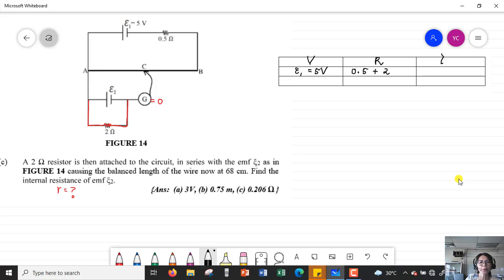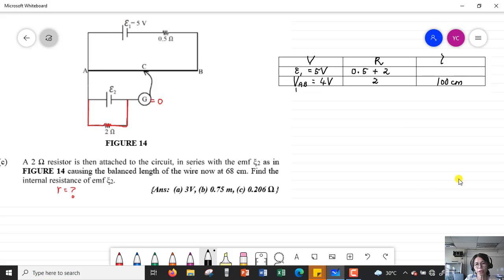Okay, then we consider the voltage across the wire only. From question B, we already calculated the voltage across the whole wire AB is 4 volt, whereby the resistance of the wire is 2 ohm and the length of the wire is 100 cm. Then we proceed to the balance length.